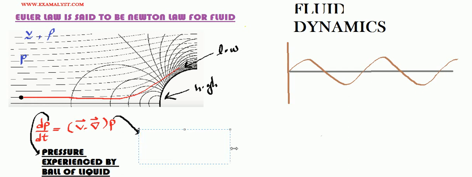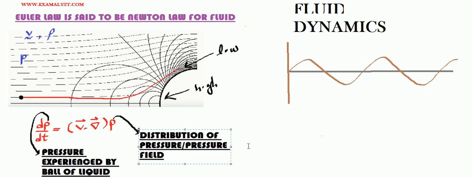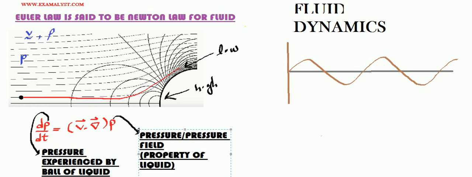Okay, now distribution of pressure or the pressure field is the property of liquid. So it depends on how the pressure is distributed when an obstacle is placed in front of the flow of the liquid.